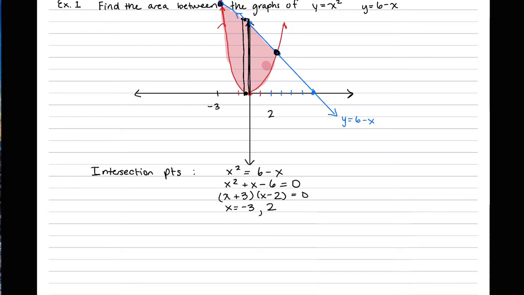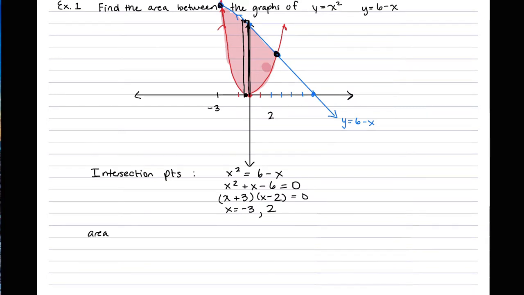The main thing we want to look at is, when I find the area of the ith rectangle, I need to know what's the top and what's the bottom. This picture makes it super clear. The top function is the blue one, 6 minus x.